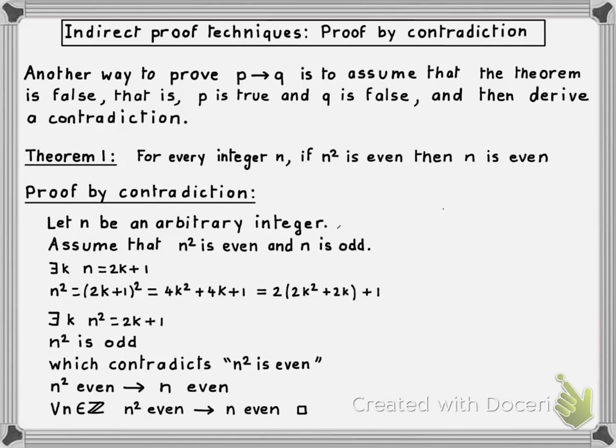If you're trying to prove the conditional P implies Q, you assume that the theorem is false, meaning you find a counterexample and assume it's true. The only counterexample is if P is true and Q is false, and you derive a contradiction from that assumption alone, telling you that the counterexample could not have existed and therefore the original theorem or conditional was indeed true.